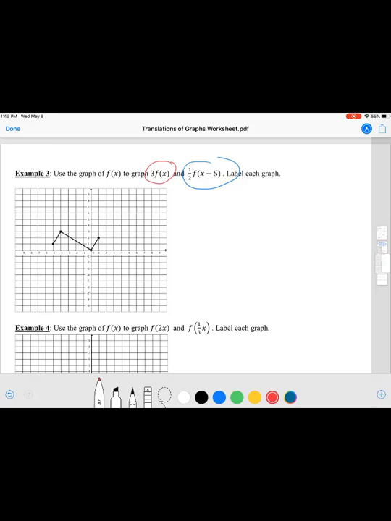So in this case, we have a vertical stretch, which means lengthwise, vertically, everything is going to be tripled. All the lengths are going to be tripled. So if I look at this point right here, this is the point -5, 1. So instead of coming out to 1 on my y-axis, I'm going to multiply by 3.